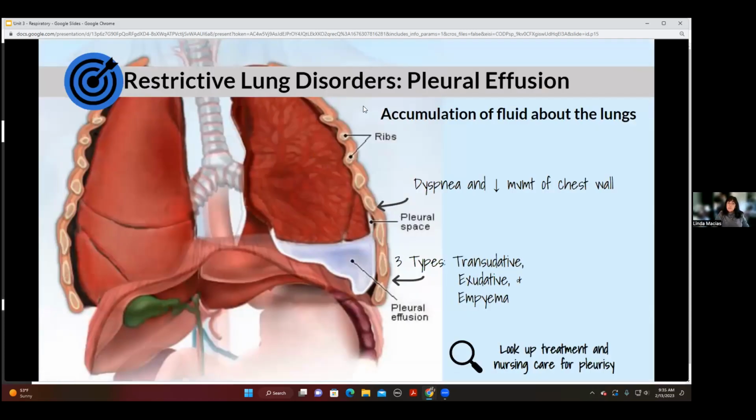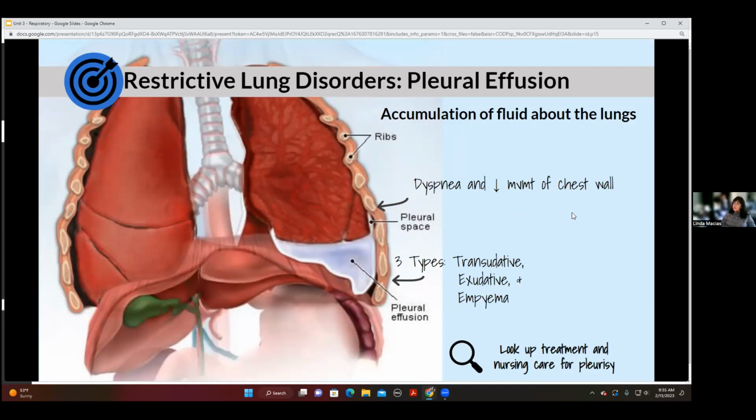And here, restrictive lung disorders for a pleural effusion, accumulation of fluid about the lung. So dyspnea and movement of the chest wall, they can't move in and out because there's no space. So the pleural space has transudative, exudative, or an empyema. An empyema is one to definitely remember.